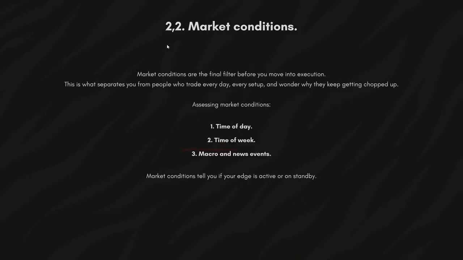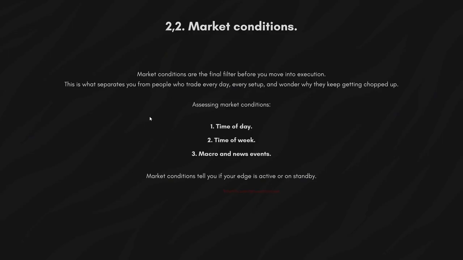And then we have the final component, which is market conditions. This component is really important because it acts as your final filter, your last filter before you move into execution. And this is also what separates disciplined traders from people who trade every candle, every setup, every pattern, and then wonder why they keep getting chopped up.